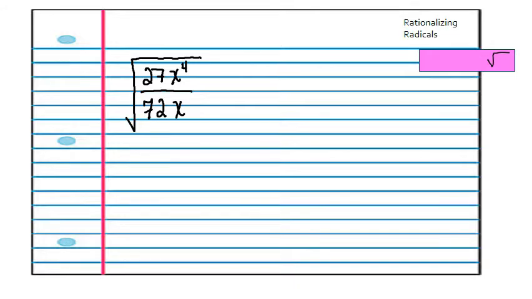I know that both of these can be divided by 9, so this is going to give us a 3 here, and an 8 here. And 1 x will take away from the 4 and give us x to the 3rd. And now our result, and we can start splitting things up a little earlier, is going to give us the square root of 3x to the 3rd over the square root of 8.